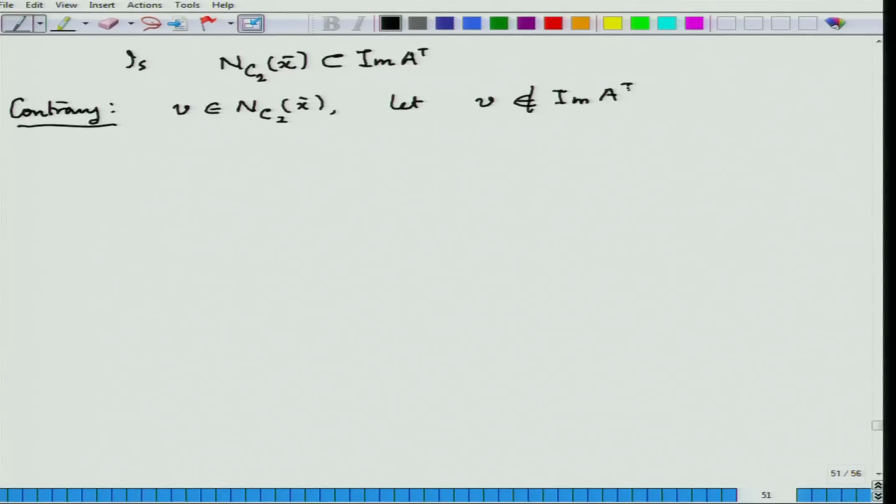The image of A transpose is a closed set, and we had already spoken about the separation theorems in the very beginning, which says that if V is not in the image of A transpose, since the image of A transpose is a closed convex set, then what should I do?